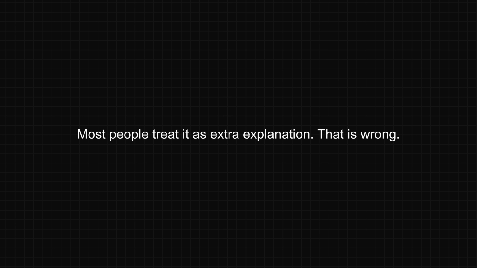Now the subheadline. Most people treat it as an extra explanation, and that is wrong. The subheadline is qualification, it's framing, and it's expectation control. So if the headline earns attention, the subheadline decides if that attention is productive or wasted. The subheadline should correct the wrong mental version of your product.